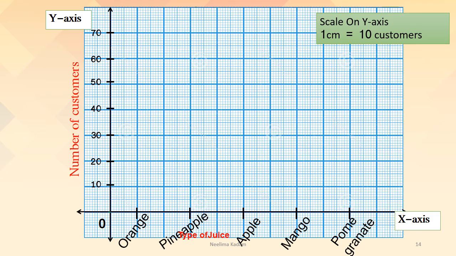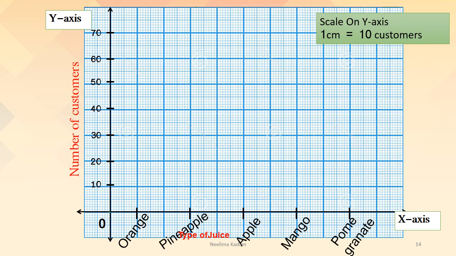We have to see what the maximum is. From the numerical data, we know that for mango the number of customers is 65. So up to 70 we have to draw these lines.